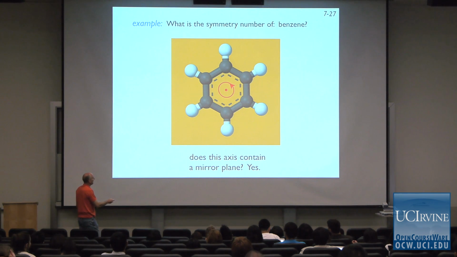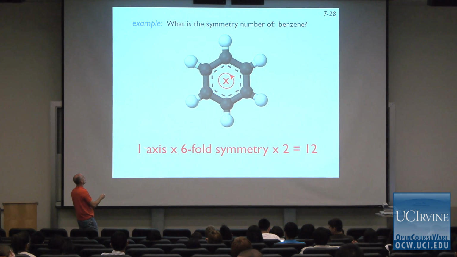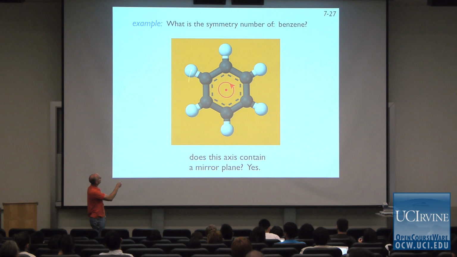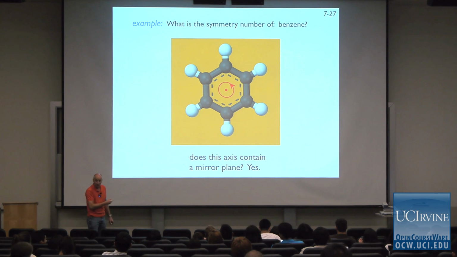So there is a mirror plane. And if I do that calculation, it's 1 axis times 6-fold times 2 is 12. You get the same answer. It's six-fold symmetric now. 1, 2, 3, 4, 5, 6. For that axis, it's six-fold symmetry, not two-fold. Everyone see that?